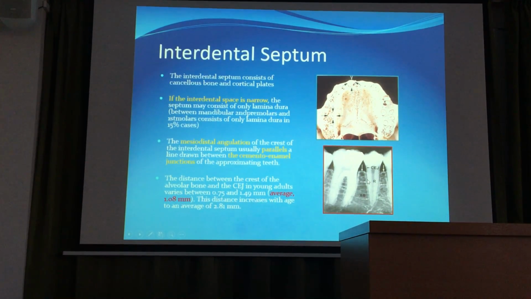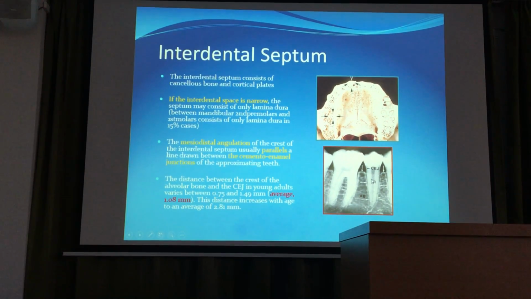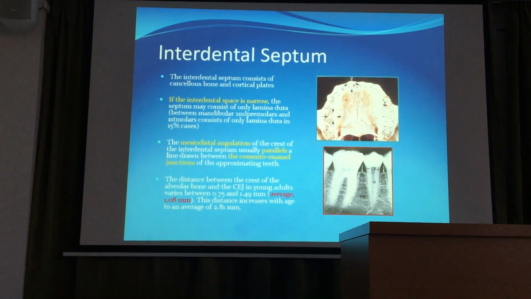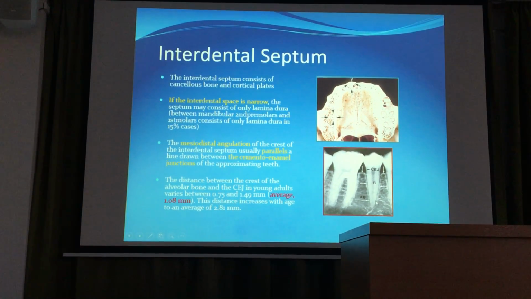level in the X-ray. Unfortunately, the gingiva is not visible on the X-ray, because it's soft tissue. You should know this, but the bone is very characteristic. So this is the bone, and this is the internal cortical plate, which is clearly visible.